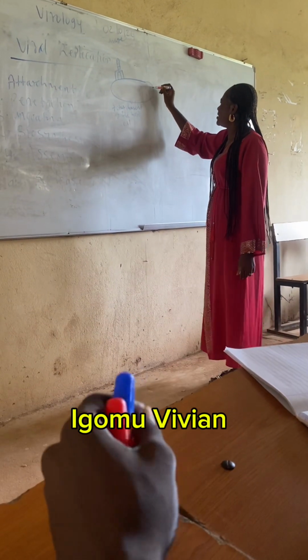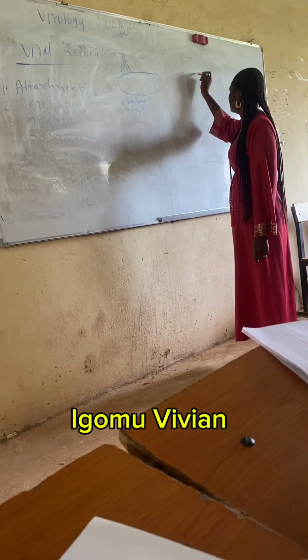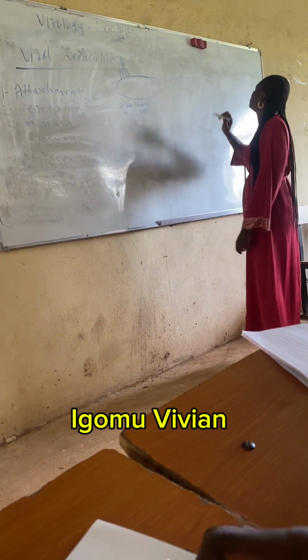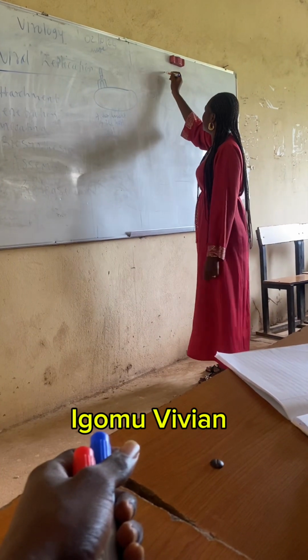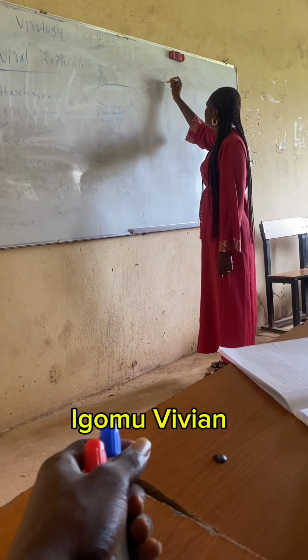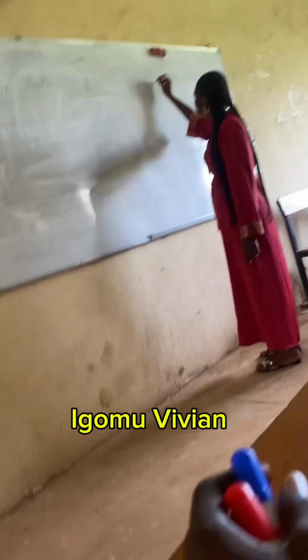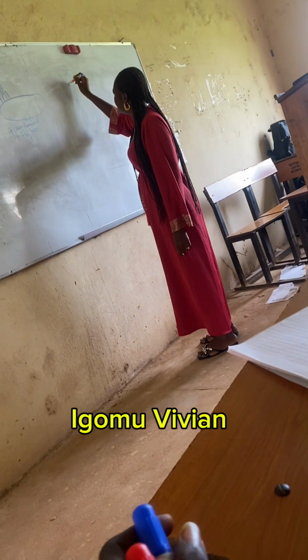Then you move to the second thing that happens, which is what? At this penetration, you still have the cell. You have this very viral particle, and this time it's a bit elongated. It properly touches the cell.